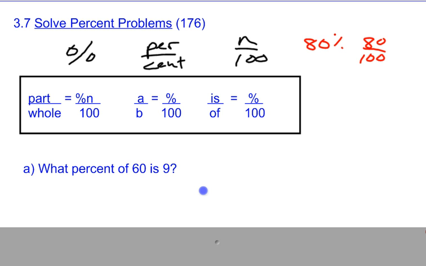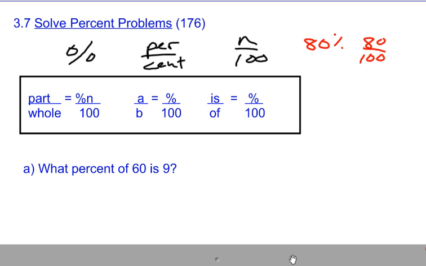What percent of 60 is 9? So we need to change that to, let's change that to a proportion. What percent of 60 is 9? So when we start, if you remember last year, we always begin with our little proportion, and we always are going to have 100 down here. So that's easy.